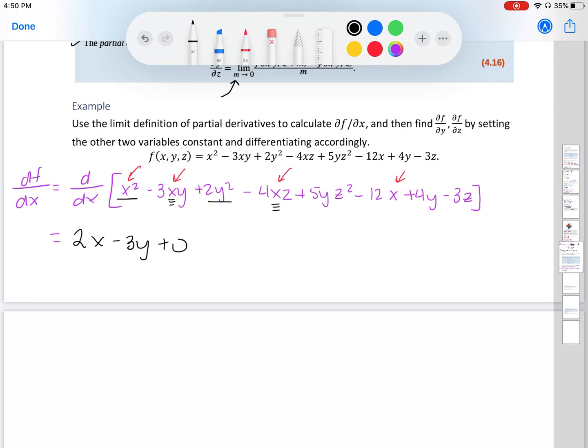The derivative of x is 1, so we're left with minus 4z. No x's, so that 5yz squared is 0. The derivative of negative 12x is negative 12. 4y would be 0, and 3z would be 0. So the answer would be 2x minus 3y minus 4z minus 12.